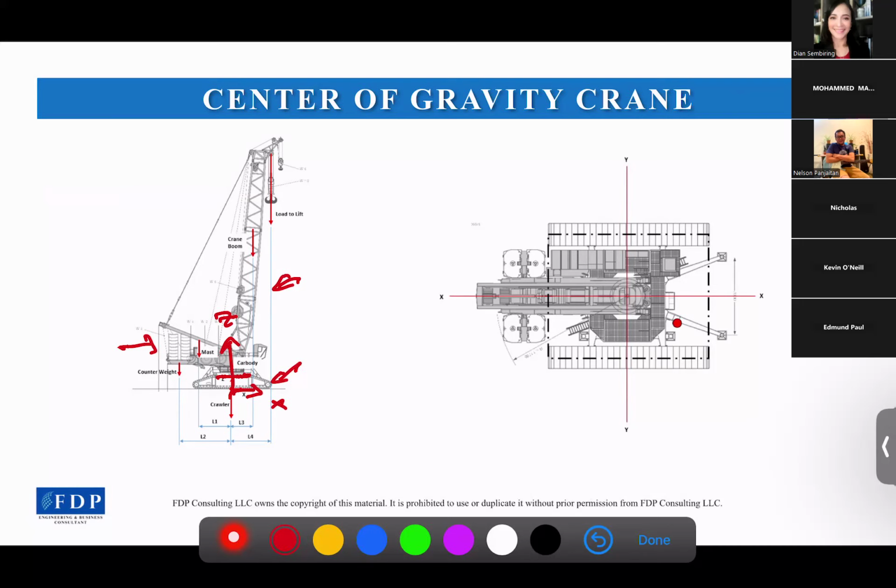So for example, if we want to get the COG in the X axis, it will be the crane boom weight times the distance of the COG of the crane boom to the origin point, which is the center of the slew bearing, which is L3 here, and then we plus load to lift times L4.